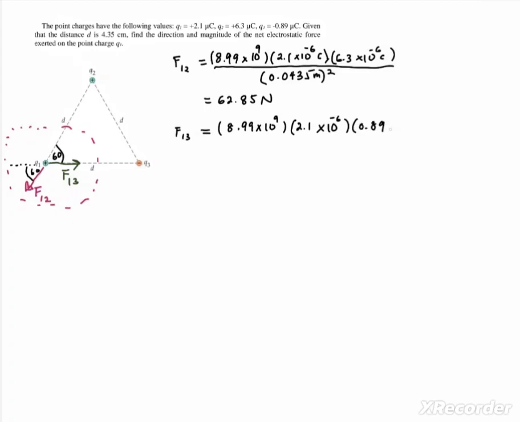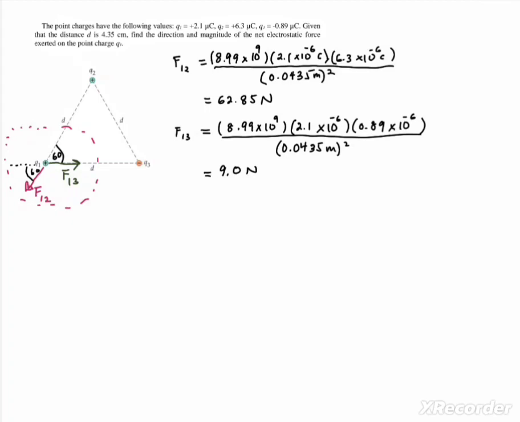So 0.89 times 10 to the negative 6 in coulombs, and divided by the distance between 1 and 3, and it is d here. So we have again 0.0325 meters, and that is squared, and that gives us 9.0 newtons. So these are the values for F12 and F13.